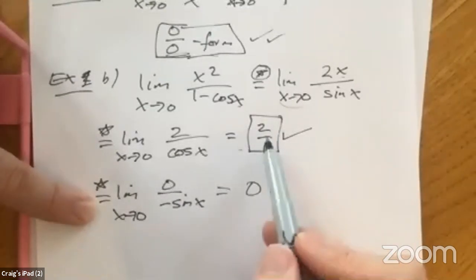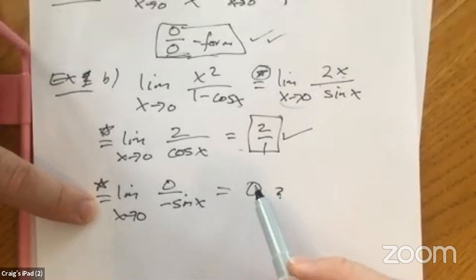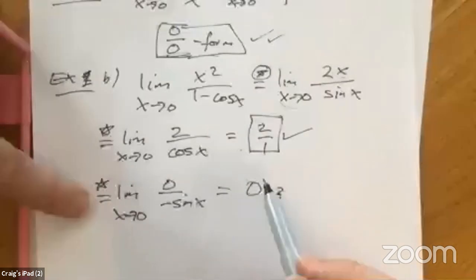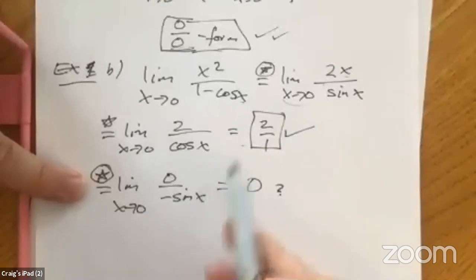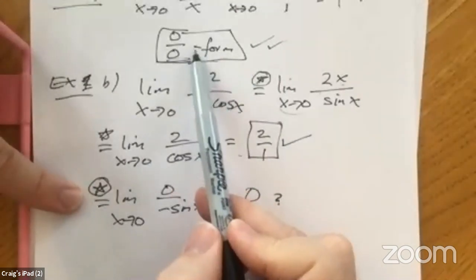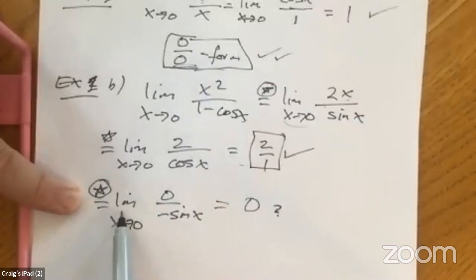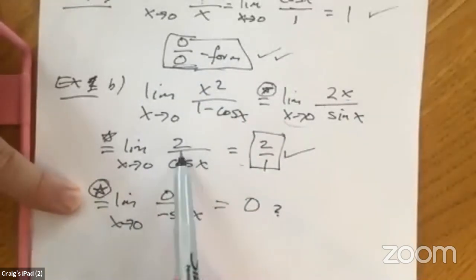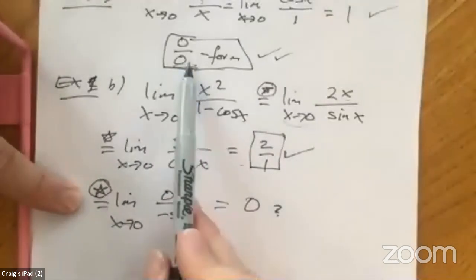Okay, we just showed that it was 2. And now I'm doing some weird stuff to say that it's 0. What's happening is that I didn't use L'Hopital's rule properly. I have to check that it's the 0 over 0 form, or else L'Hopital's rule won't work. In this case, when I was looking at this one, as x goes to 0, I don't get the 0 over 0 form.